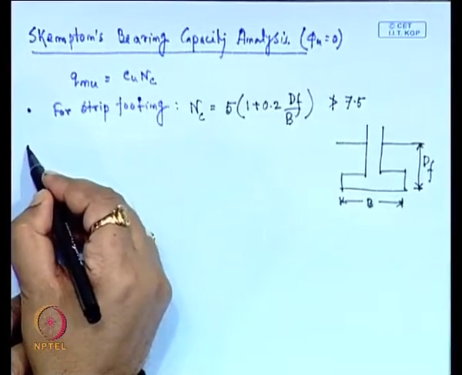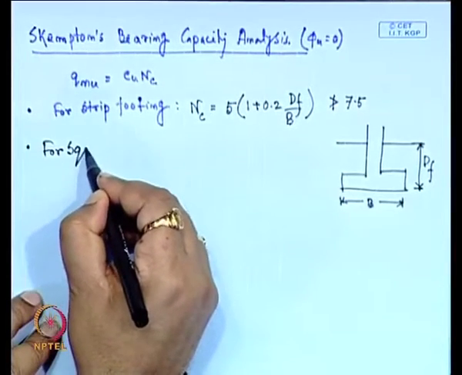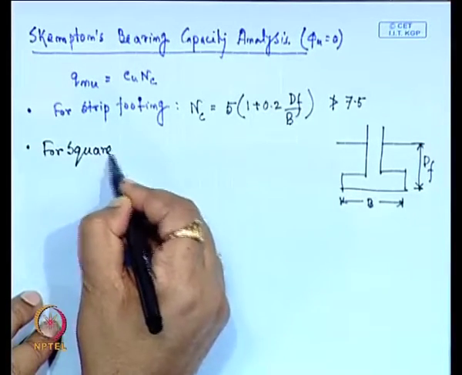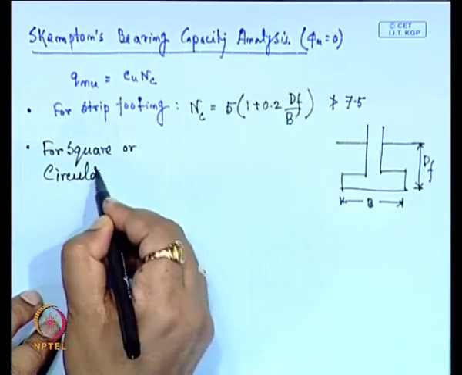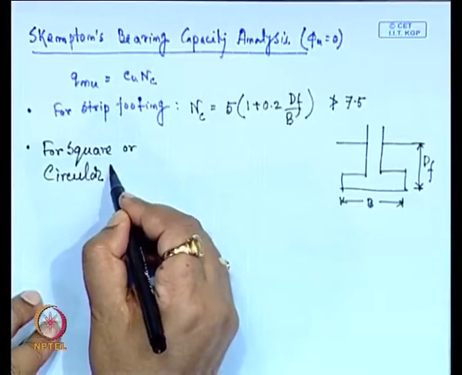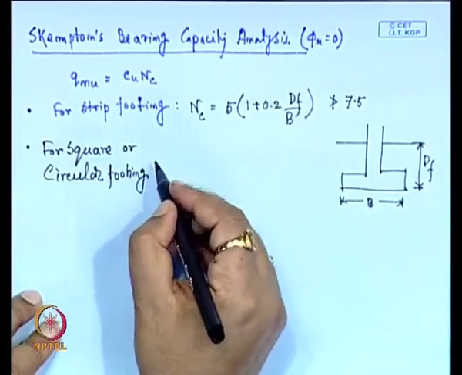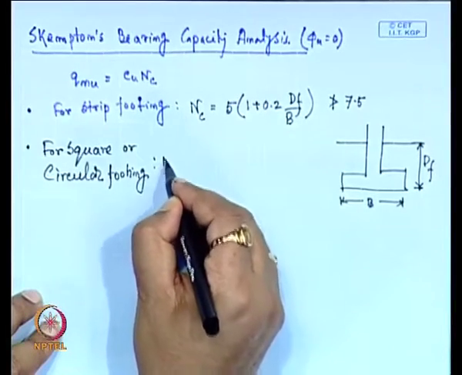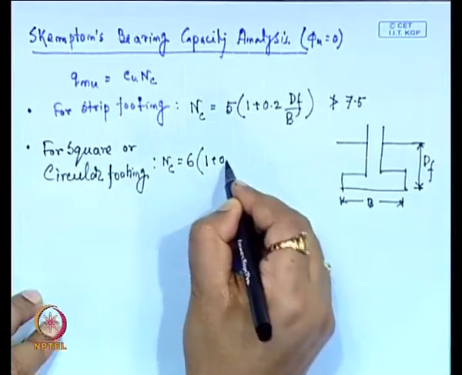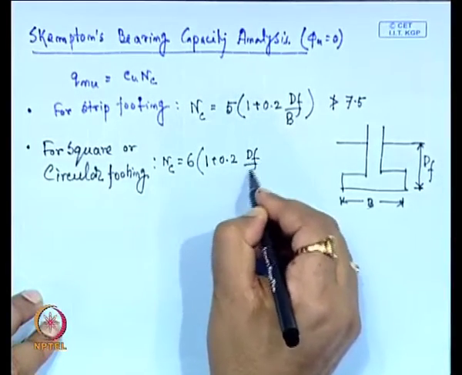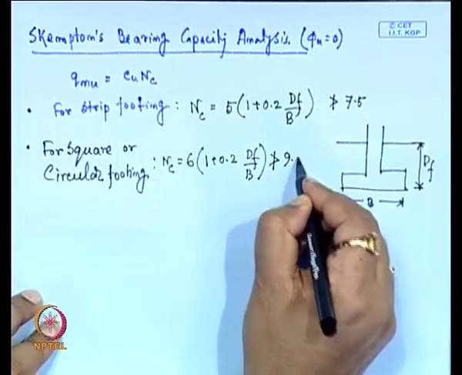Now, similarly for square or circular footing, the expression that is given for Nc is 6 into 1 plus 0.2 df by b, which is limited to 9.